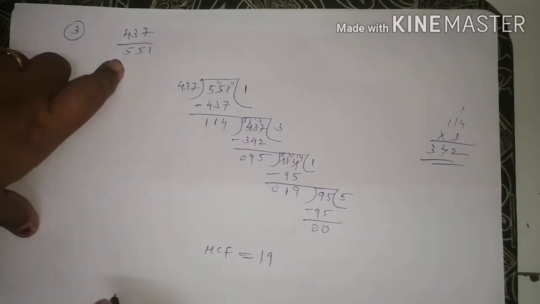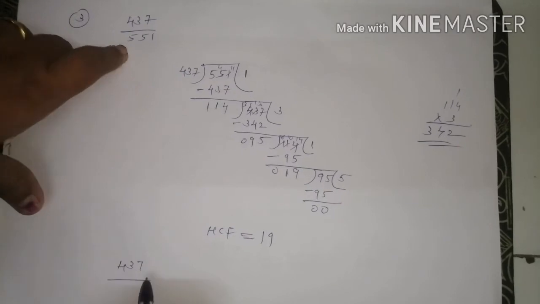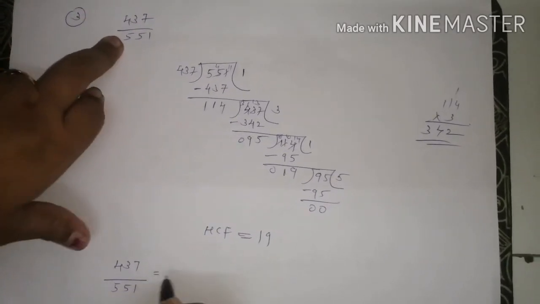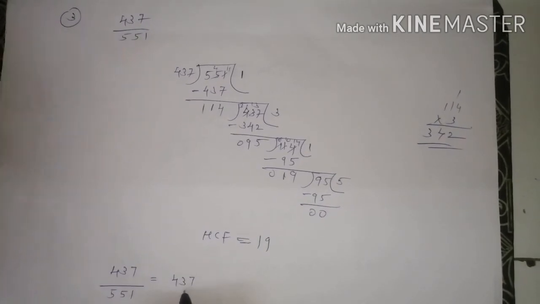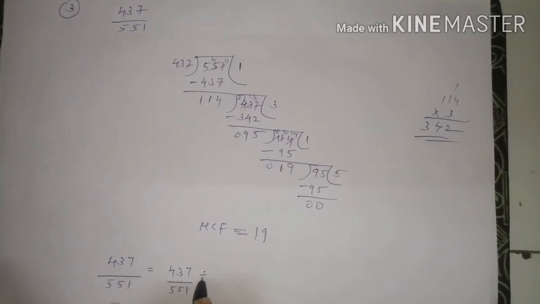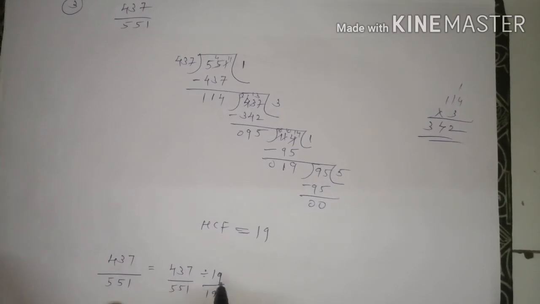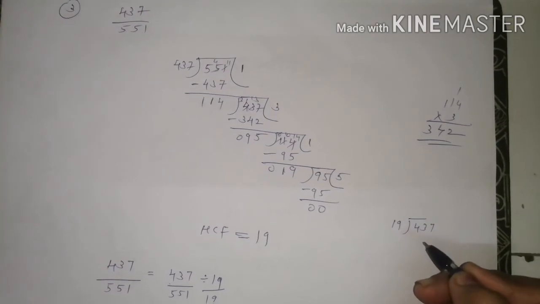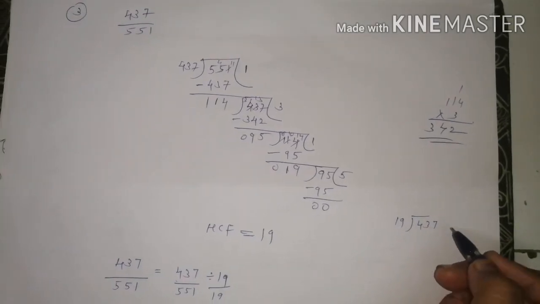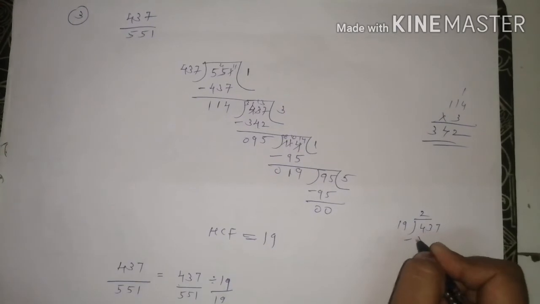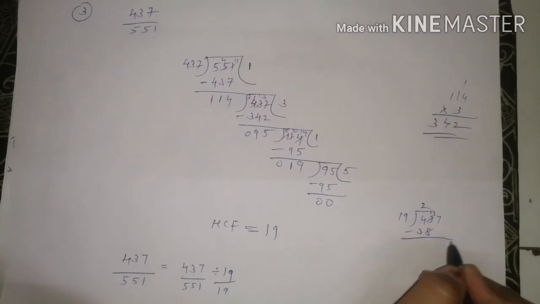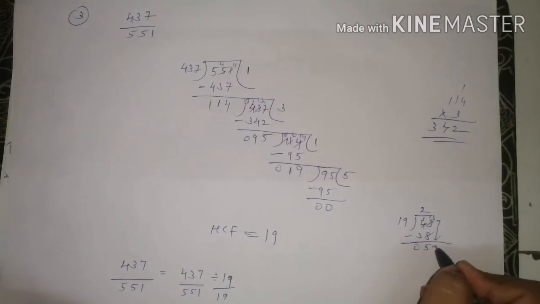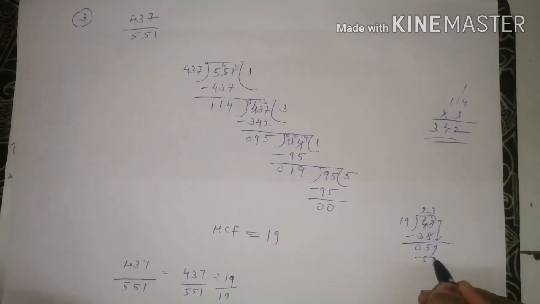Now I have to reduce this fraction, so we'll divide by 19. 437 divided by 19: 19 ones are 19, 19 twos are 38. 43 minus 38 is 5. Take this 7 down. 19 threes is 57.